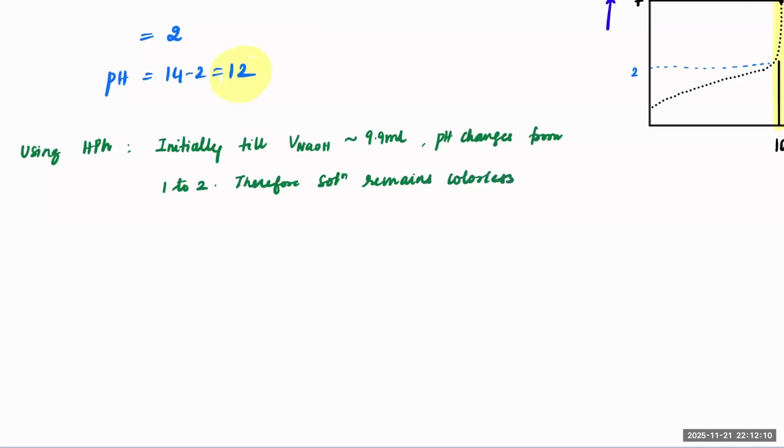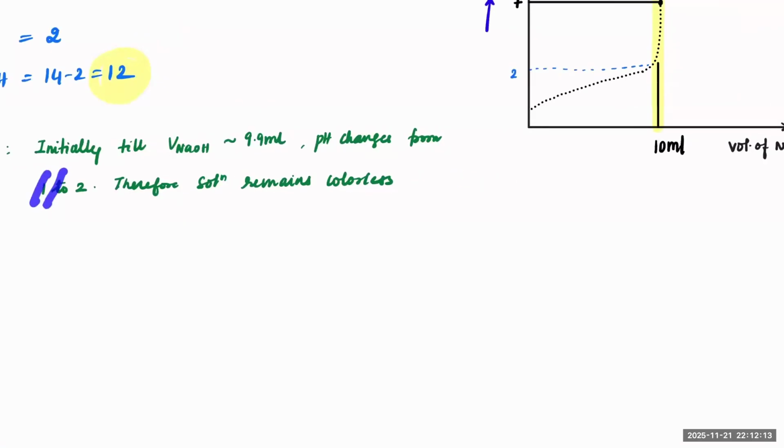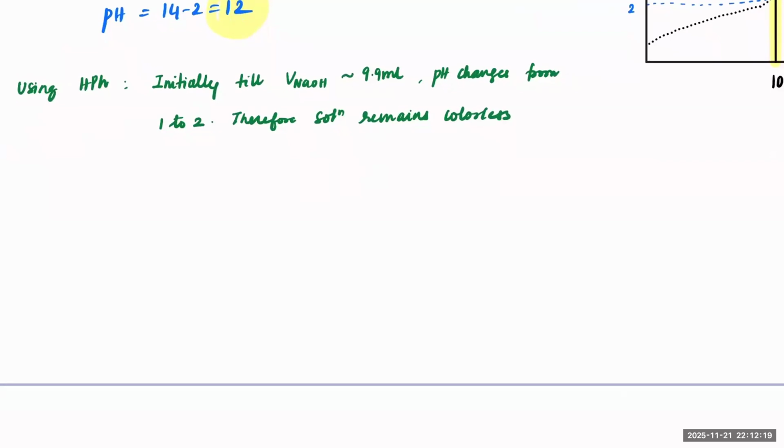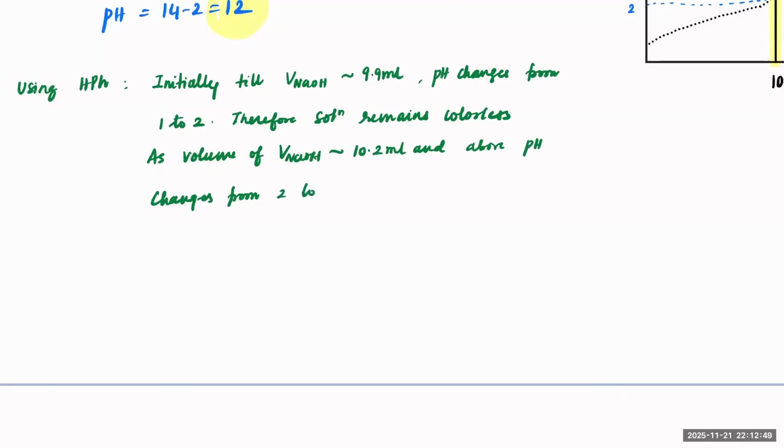With phenolphthalein, you know that if the pH value is 1, 2, 3, 4, up to 8, it is colorless only, right? So it will remain colorless. But as the volume of NaOH reaches 10.2 ml and above, pH changes from 2 to almost 12.